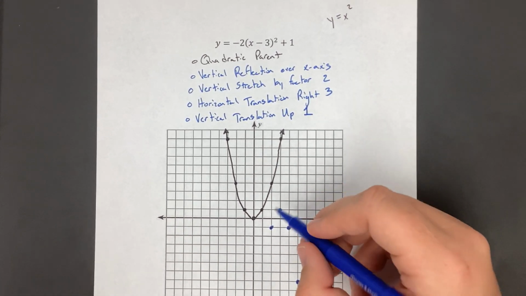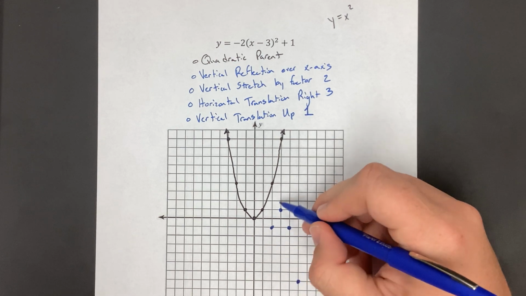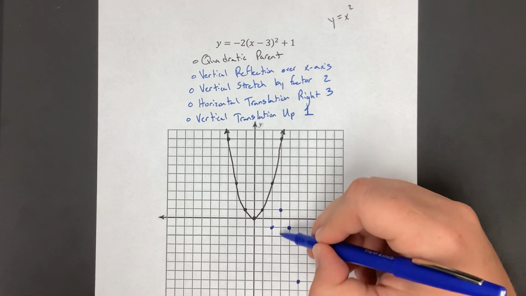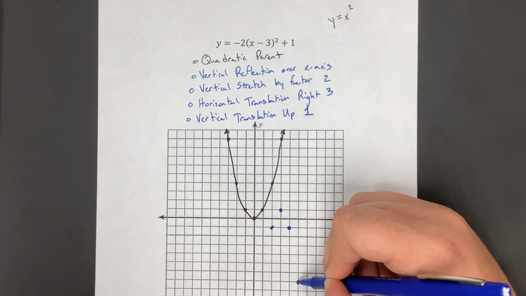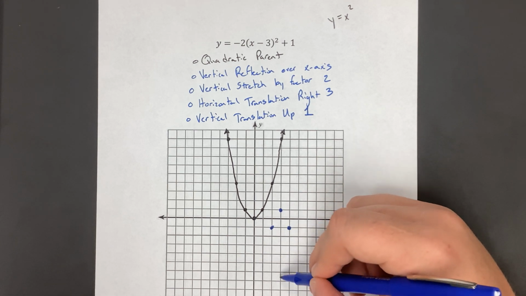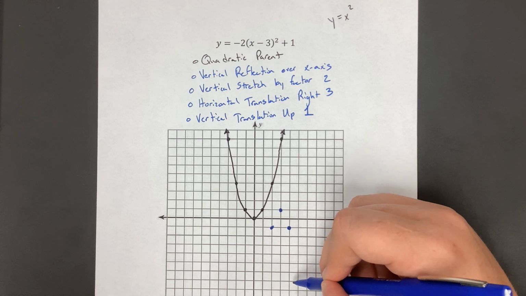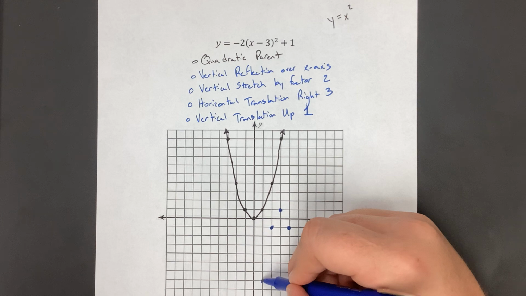And one thing you can also help yourself out with is that your axis of symmetry goes right here. So if my axis of symmetry is going through my vertex right here, the point associated with it is going to be on the same level, the same y, just with a different x, at the same distance from our axis of symmetry. So I have 1, 2, go back to my axis of symmetry, I go 1, 2, right there.